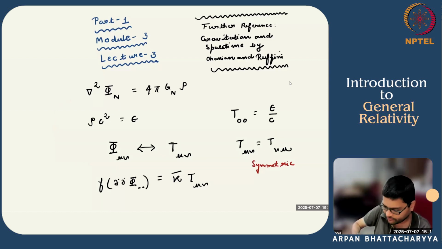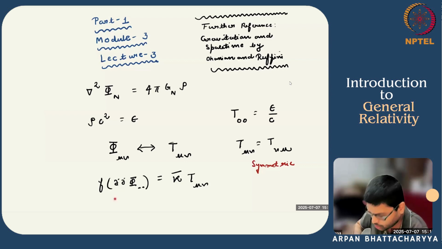That means phi 0 will be related to the Newtonian potential, but up to some linear transform. We are not unambiguously at this point identifying the 0 component of it with the Newtonian potential. And we will take advantage of this ambiguity to fix the form of this equation. We will see shortly.